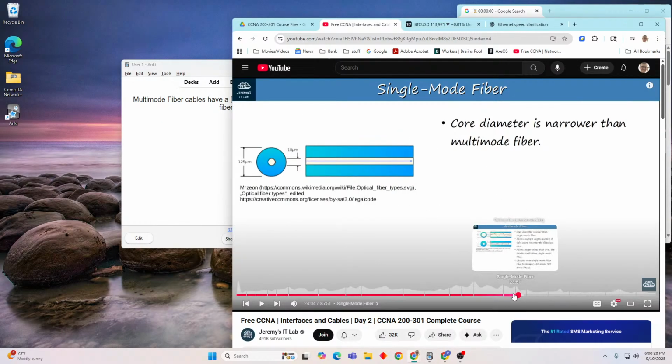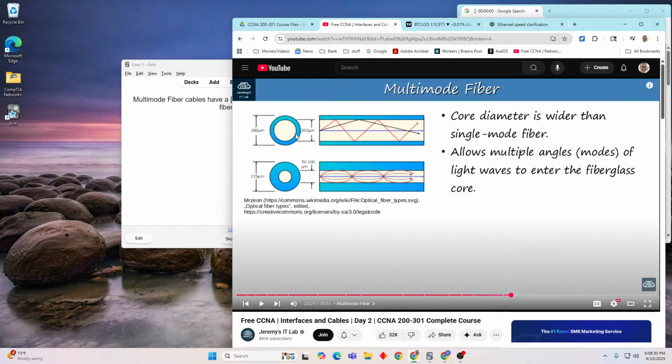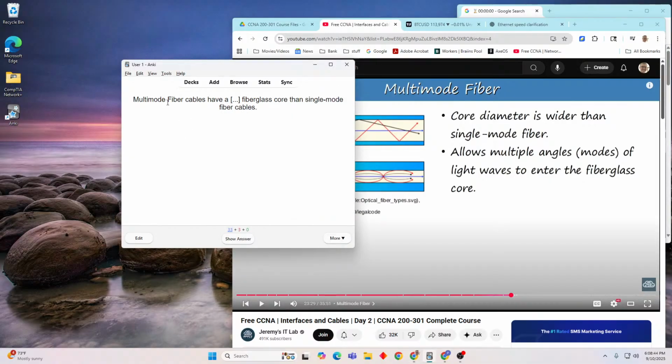So this is single. Multi-mode core diameter, this yellow background, it's wider. So it's wider and the single is more narrow. So the multi-mode has a wider core, like the glass core is wider.